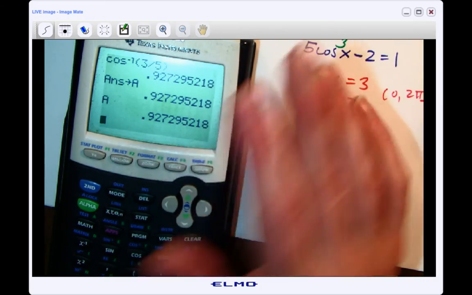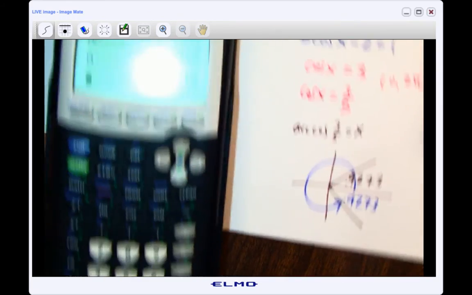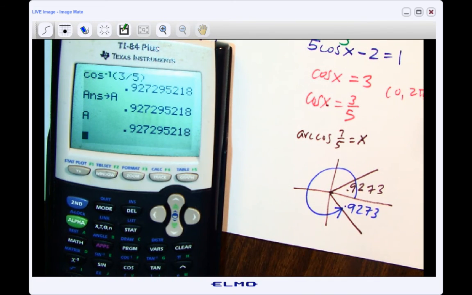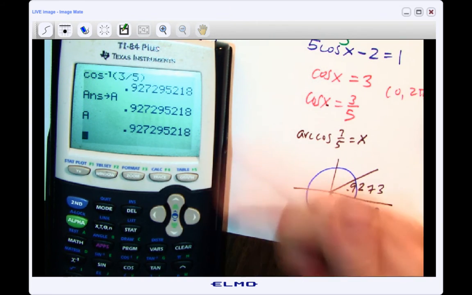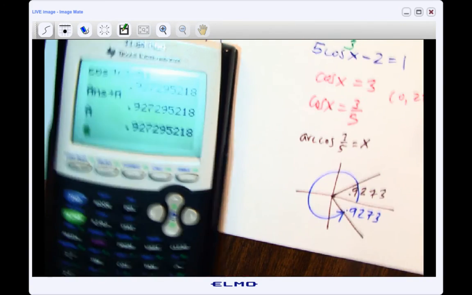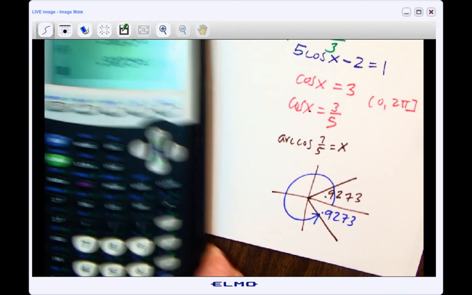I like that because it keeps it accurate to all these decimal places. So when you're working with problems and you want to keep the accuracy to the very end, store it as a letter, and it'll keep it accurate to as many decimal places as the calculator can hold for you.